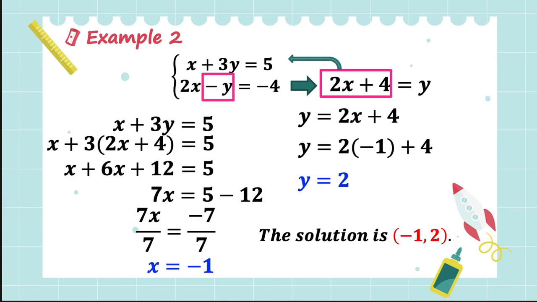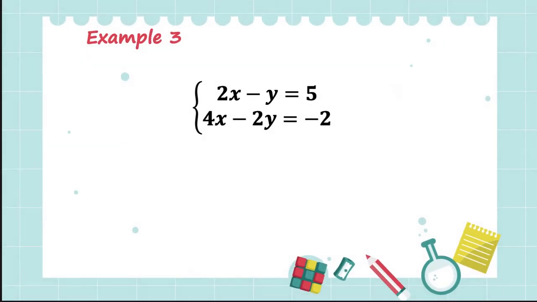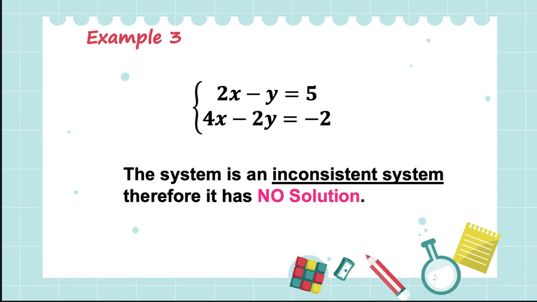Okay? Next. For the third example, 2x minus y is equal to 5 and 4x minus 2y is equal to negative 2. Looking at the type of system, this one is an inconsistent system. So therefore, it has no solution. So that's why it is better for you to check the type of system first before you solve it.